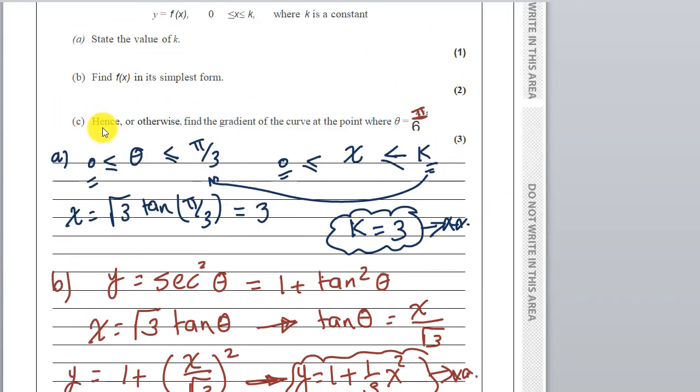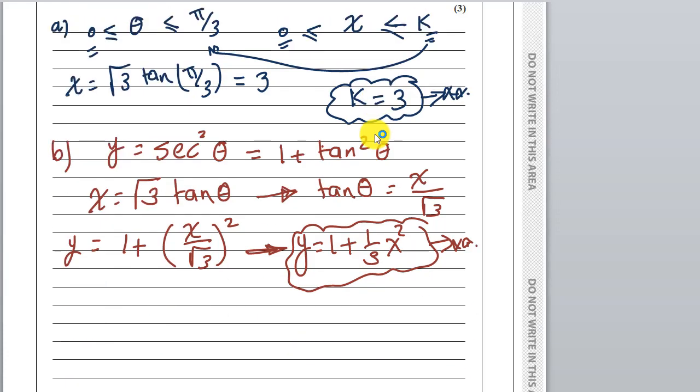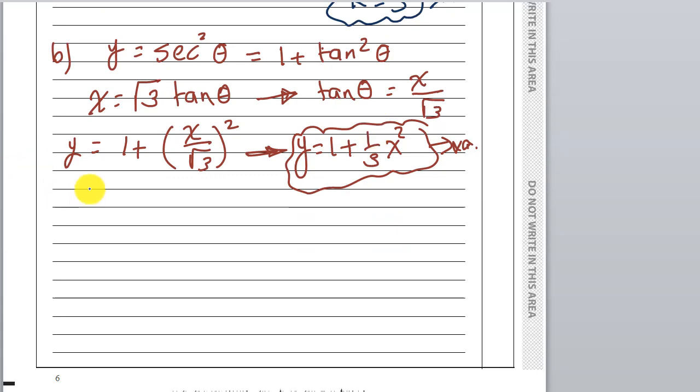Now, hence or otherwise, find the gradient of the curve at the point where theta is equal to pi over 6. So gradient of the curve, this is part C, we need the gradient dy by dx, is equal to 1 over 3 multiplied by 2x.